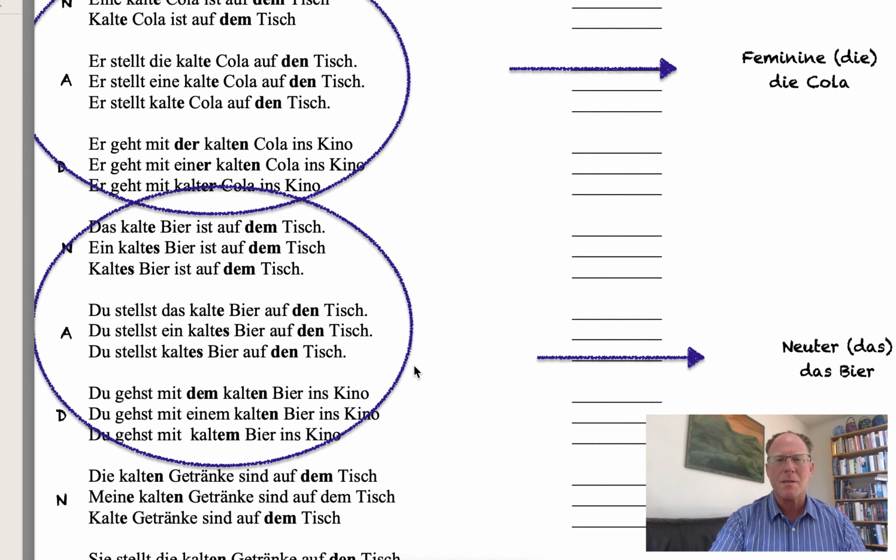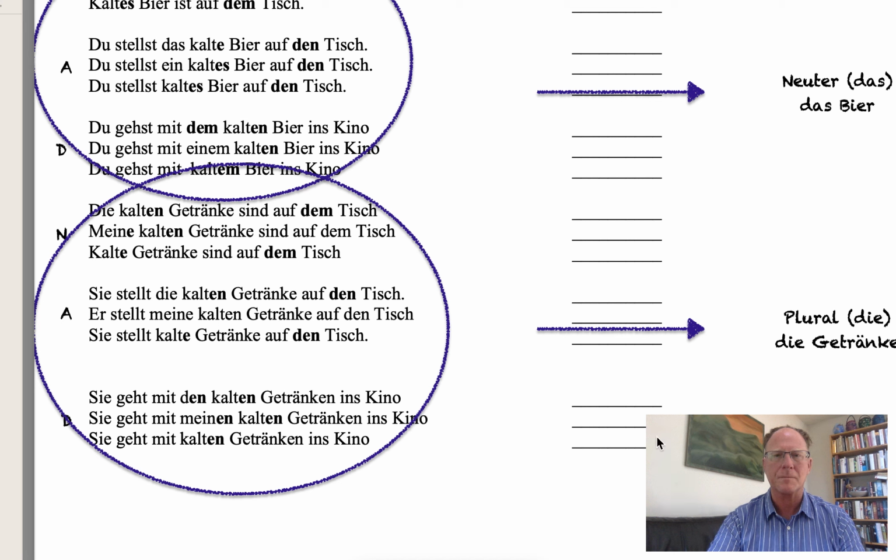The beer, das Bier, is neuter. Now, the fourth group of 3 stanzas demonstrate plural drinks, the drinks, die Getränke.